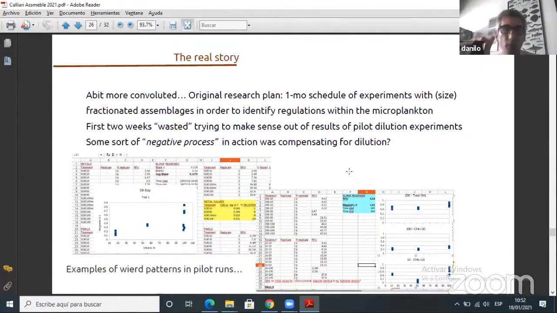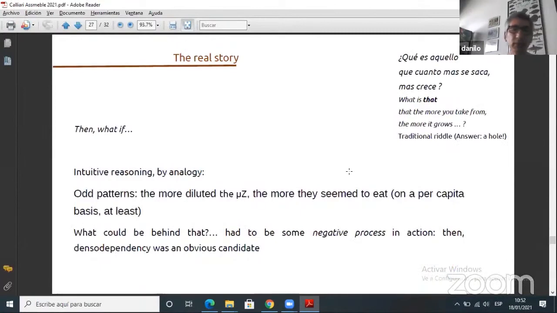We saw really flat, no grazing activity, or even some sort of increasing growth rate of the phytoplankton in less diluted conditions, which is the opposite pattern of what would be expected in a dilution experiment. So there was some kind of apparently negative process in action and compensating for dilution. And we were about 15 days looking for what that could be.